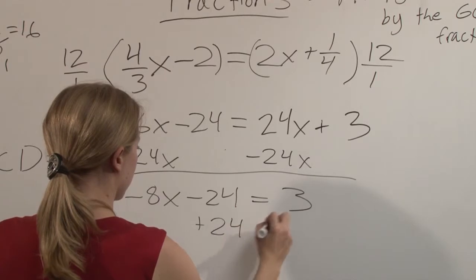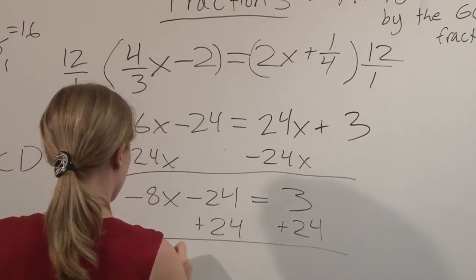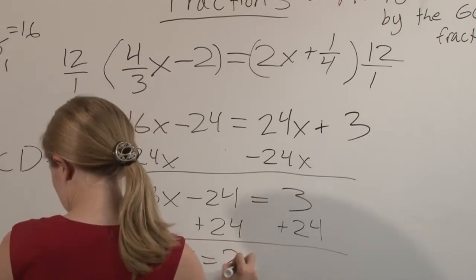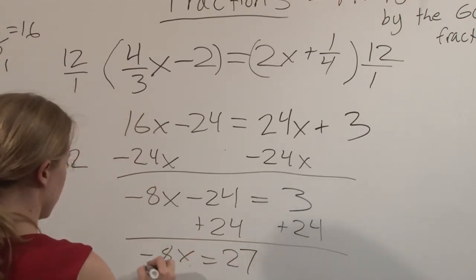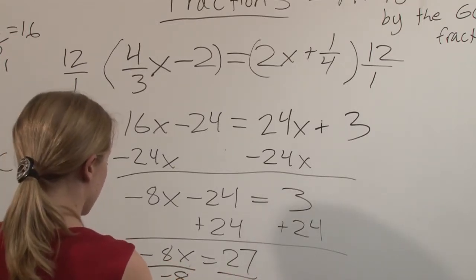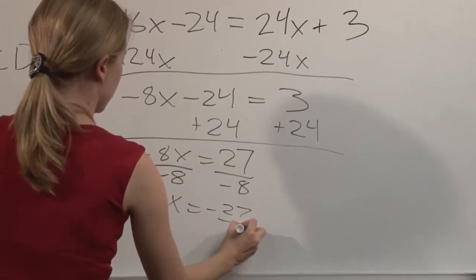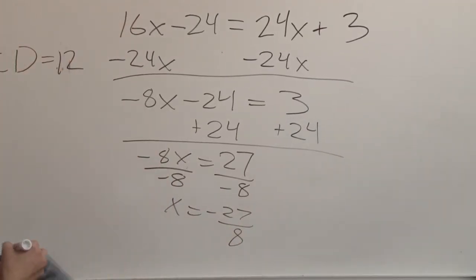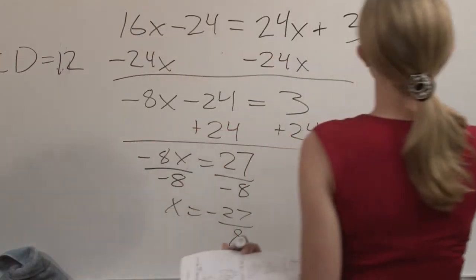I'm going to add 24 to both sides. So negative 8x equals 27. So I'm going to divide both sides by negative 8. x is going to equal negative 27 over 8. And that can't reduce anymore.